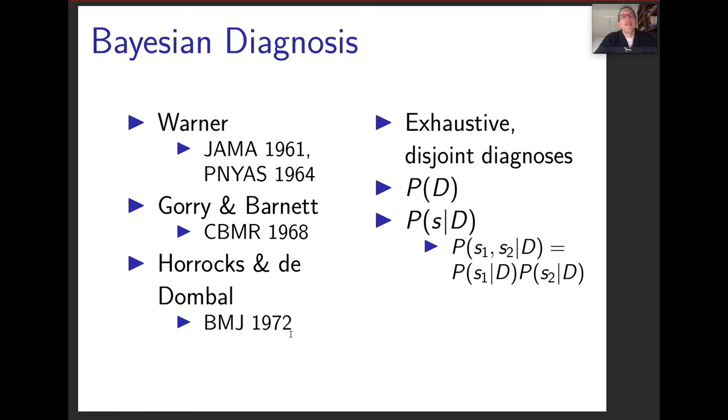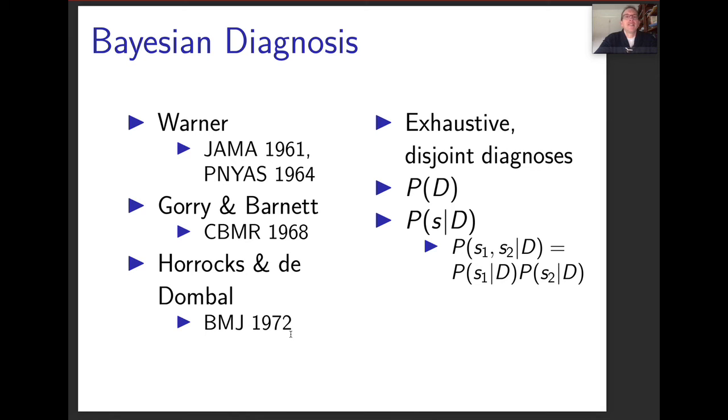So what are the things you need to know in order to create a Bayesian diagnostic system? Well, first off, you have to have an exhaustive list of disjoint diagnoses. So every possible outcome has to be in your model, and so there might be an other or a normal that captures everything else that's not in the other enumerated diseases.